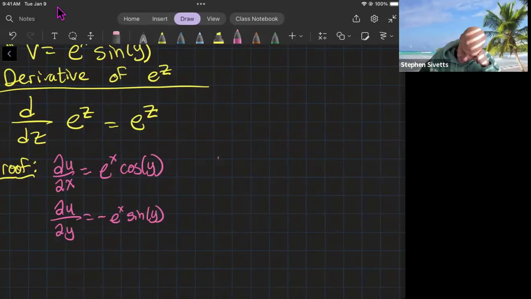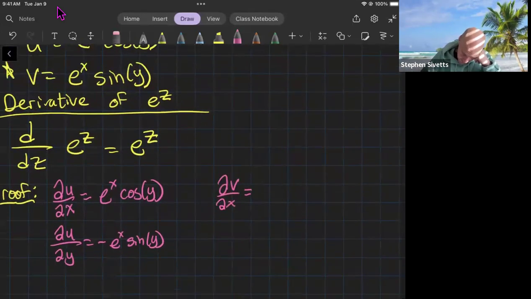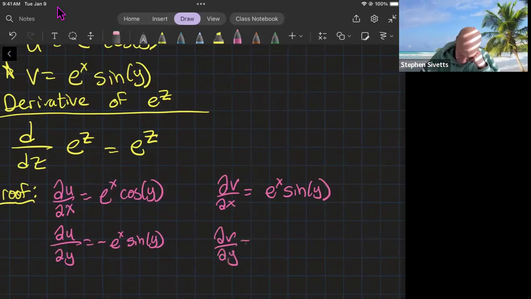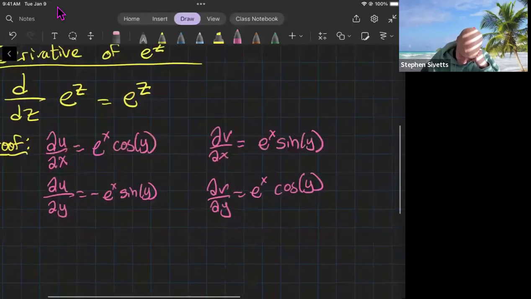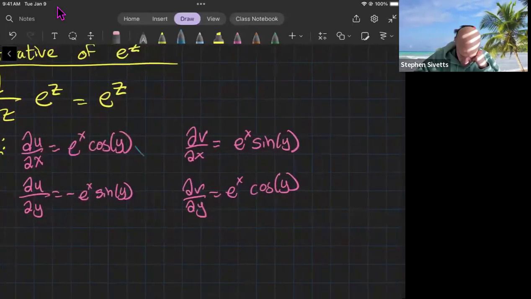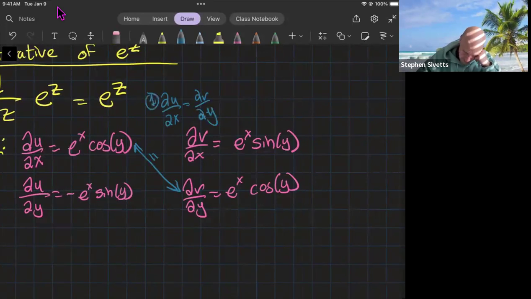Likewise, v is e to the x sine y, so the partial of v with respect to x is just e to the x sine y. The partial of v with respect to y equals e to the x cosine y. Well, for one thing, these are equal: the partial of u with respect to x is equal to the partial of v with respect to y. That was the first equation in the Cauchy-Riemann equations.